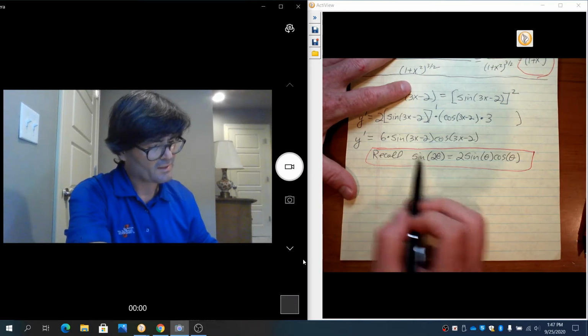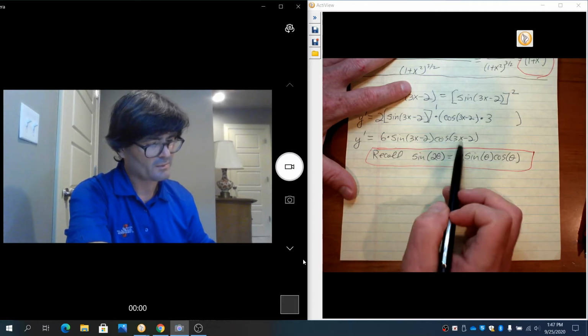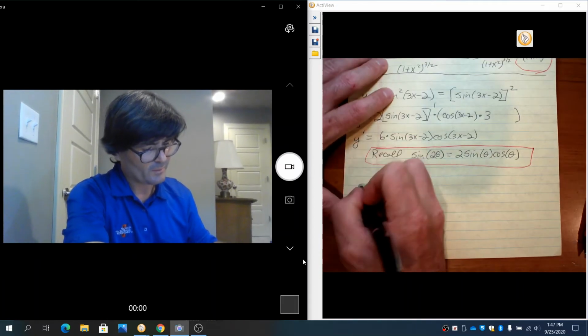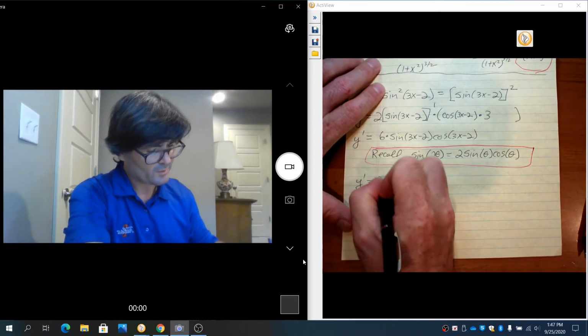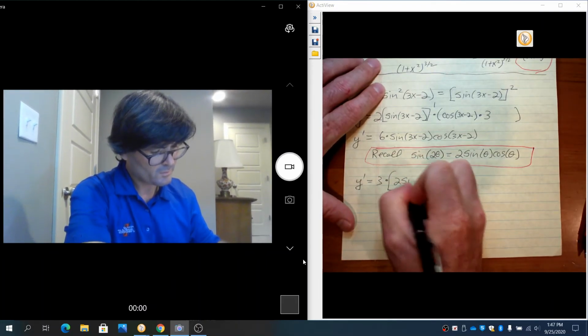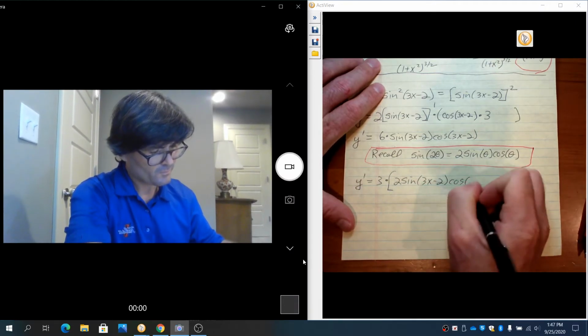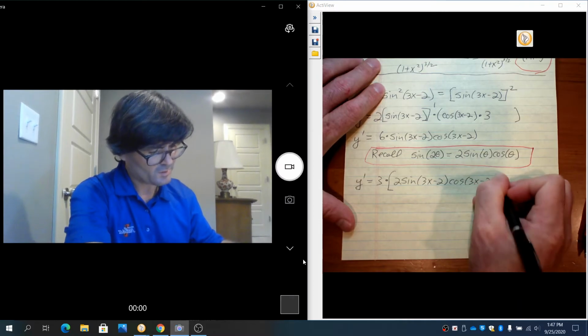So look up here. We've got sine of theta, cosine theta. Here we've got sine 3x minus 2, cosine 3x minus 2. I'm going to go ahead and rewrite y prime as 3 times 2 sine 3x minus 2 cosine 3x minus 2.